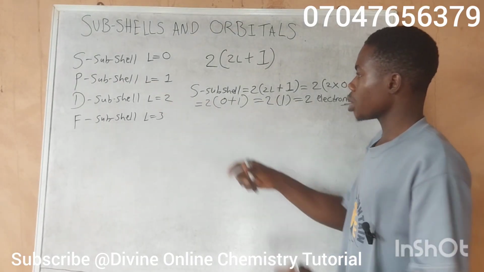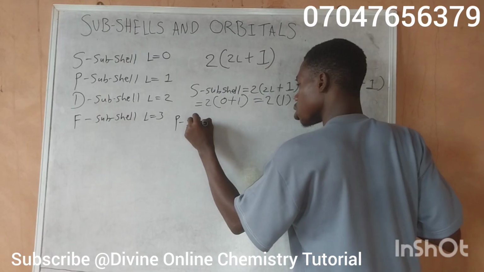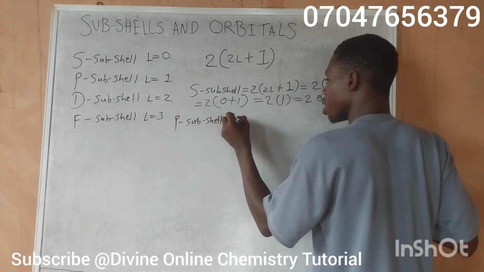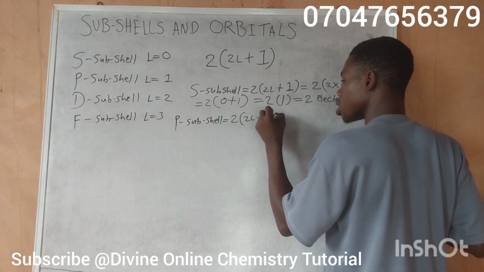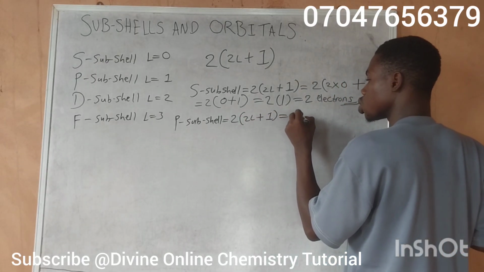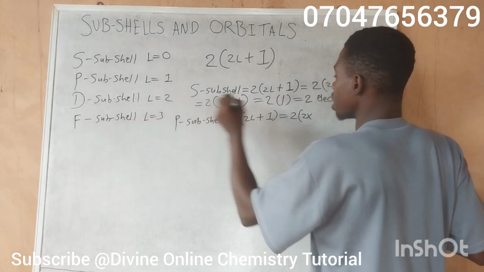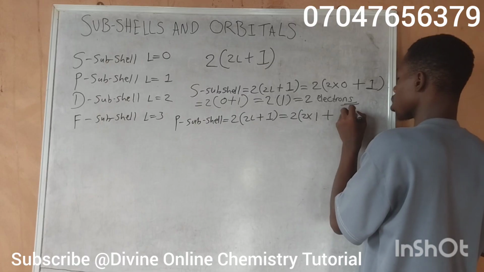Let's calculate for the P subshell. Use the formula 2 into bracket 2L plus 1, equal to 2 into bracket 2 times L, which for the P subshell is 1, then plus 1. Close the bracket.